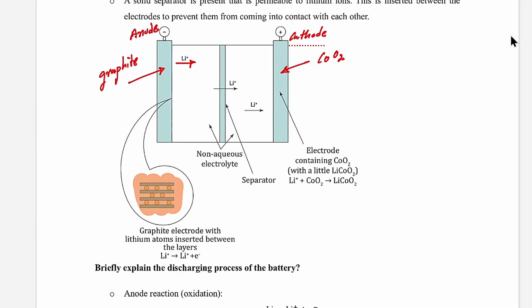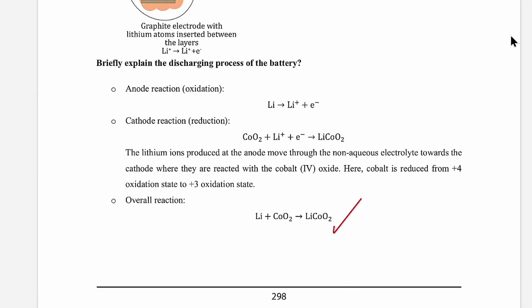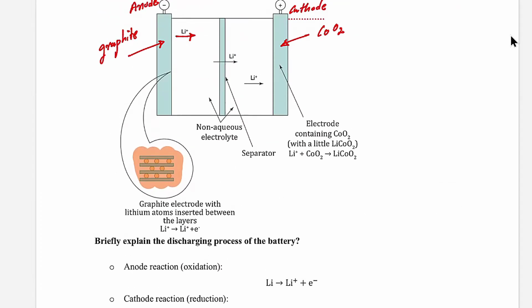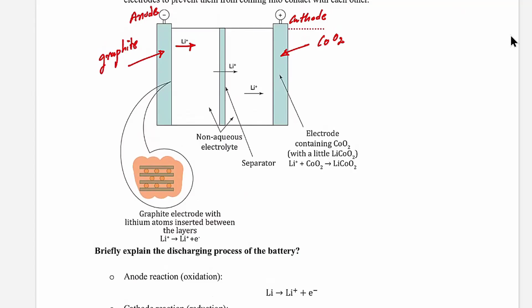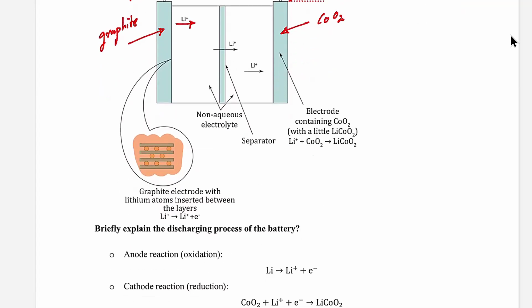The anode is producing lithium ions, which travel through the electrolyte and the separator to get to the cathode, where they are reduced to lithium. The function of the separator is to prevent the electrodes from coming into contact, separating the two electrodes.